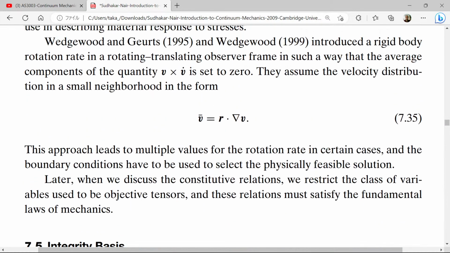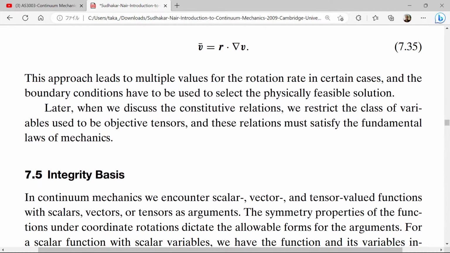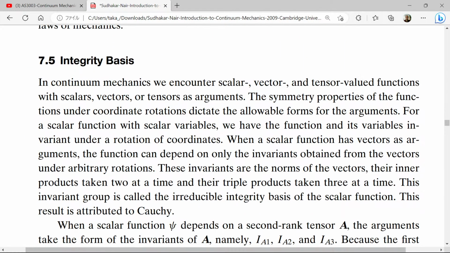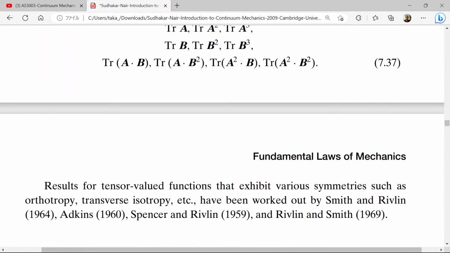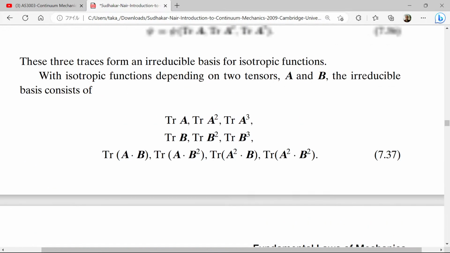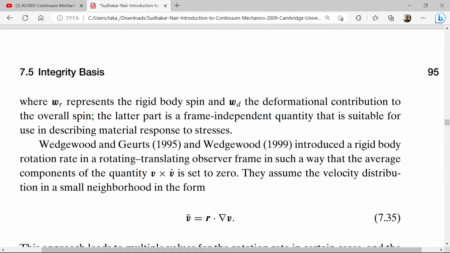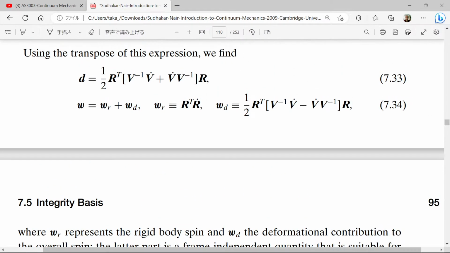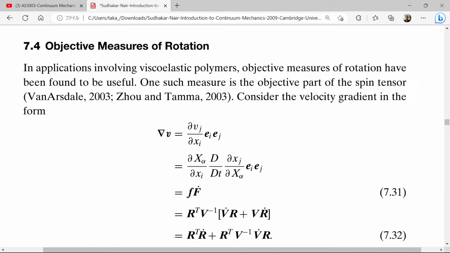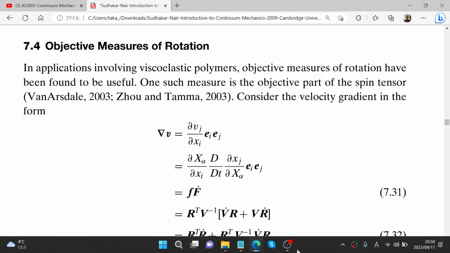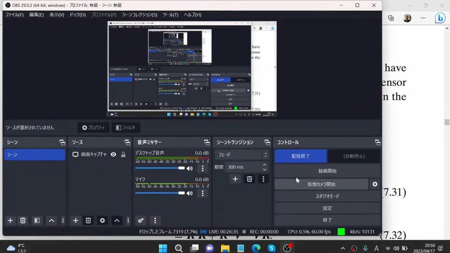Objective measure of rotation, integrity basis. A little bit more, but I don't think I can go into this part. Okay, let me stop here today. Okay, thank you.